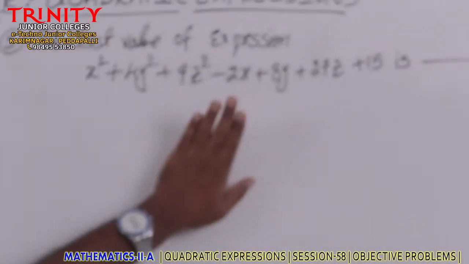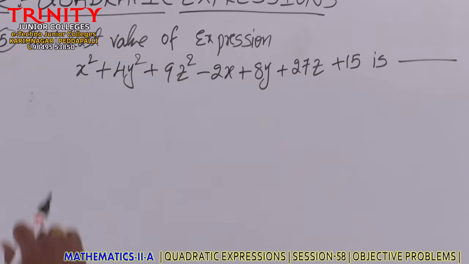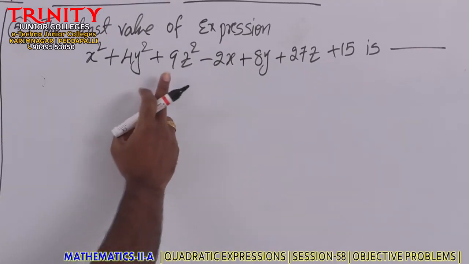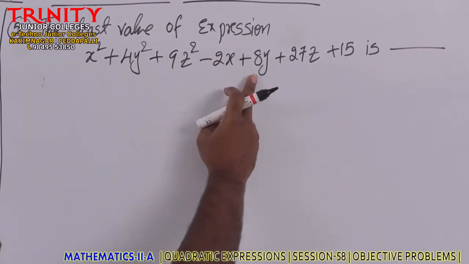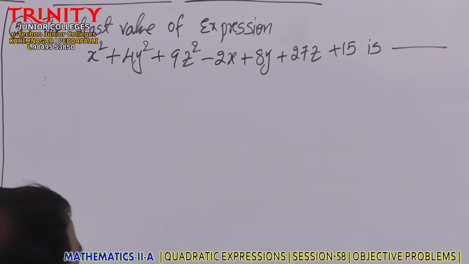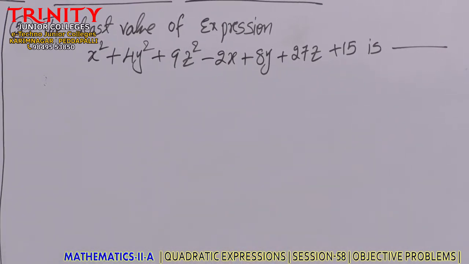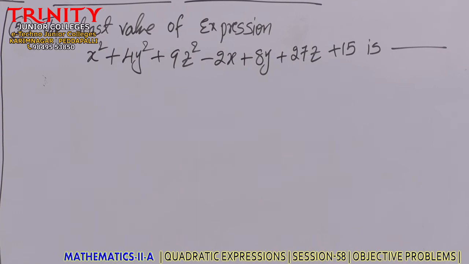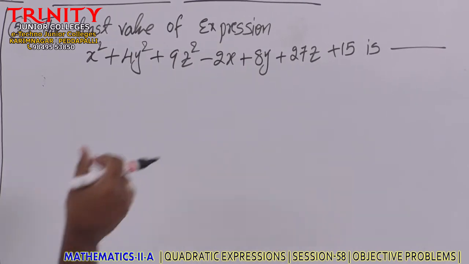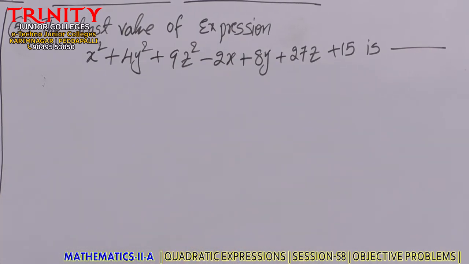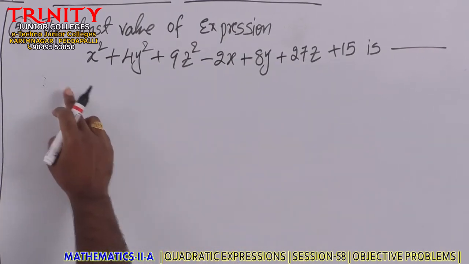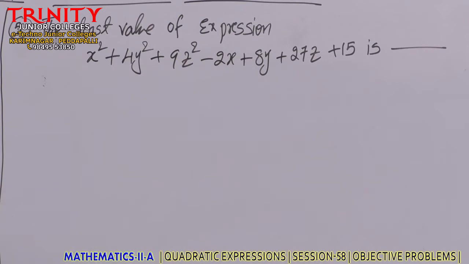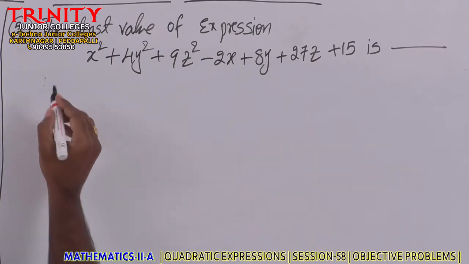The least value of the expression x square plus 4y square plus 9z square minus 2x plus 8y plus 27z plus 15. It is a second degree polynomial in three variables x, y, z, and we are asked for the least value. To find the least value we have to express this in perfect square form.